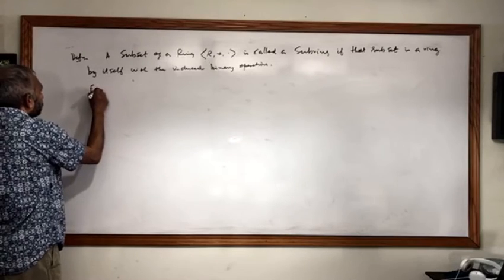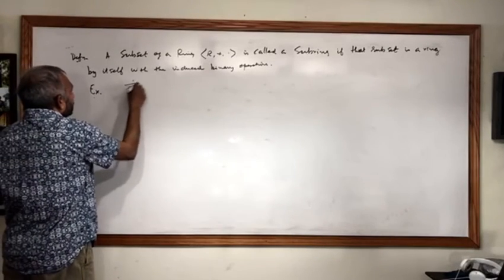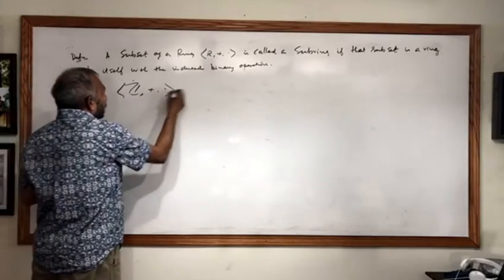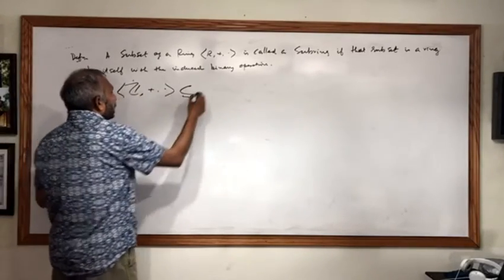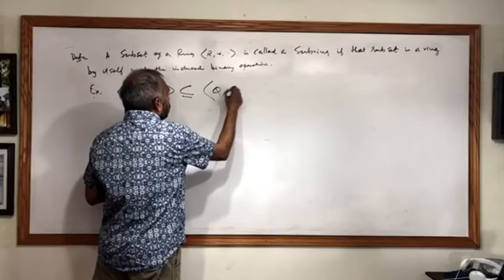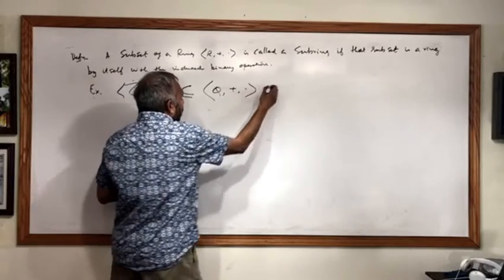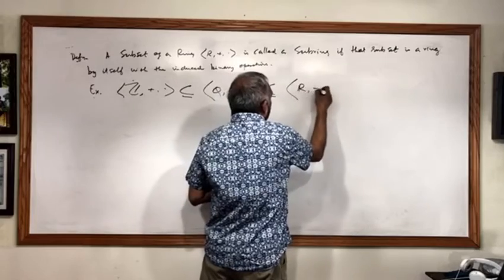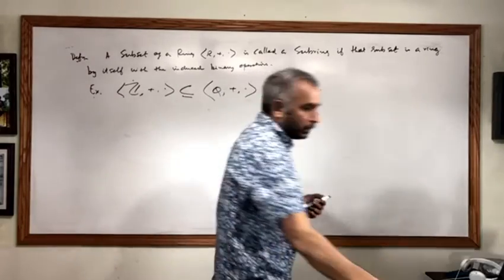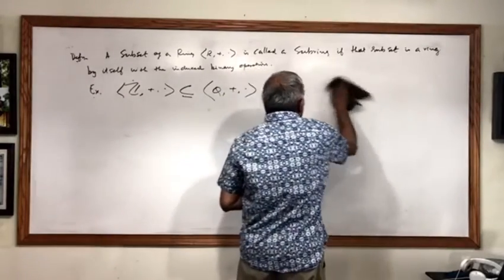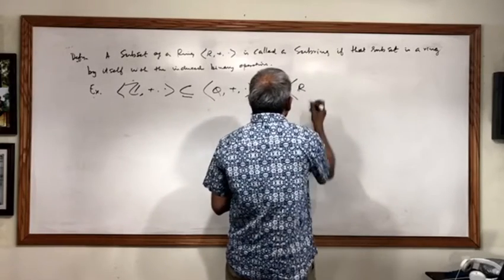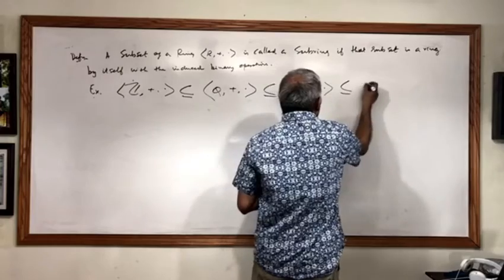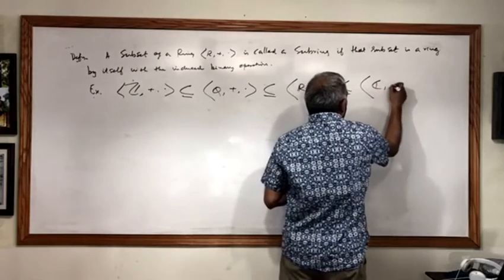Example, Z plus is a subring of Q plus, which is a subring of R plus, which is a subring of complex numbers.